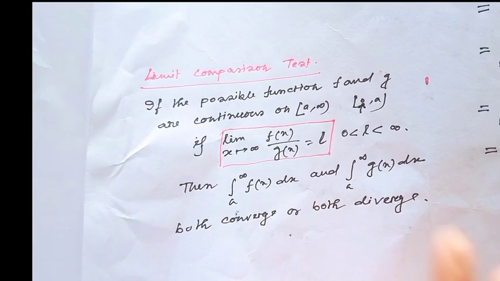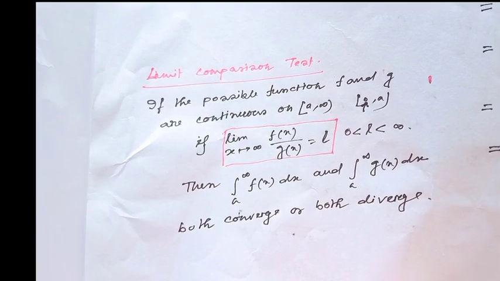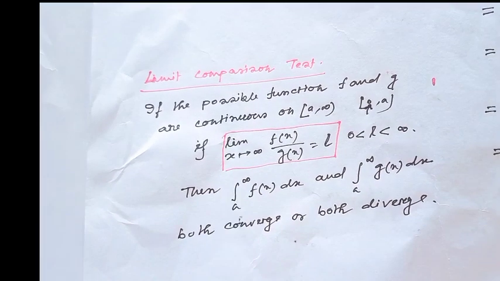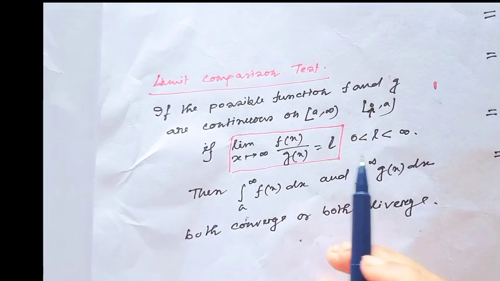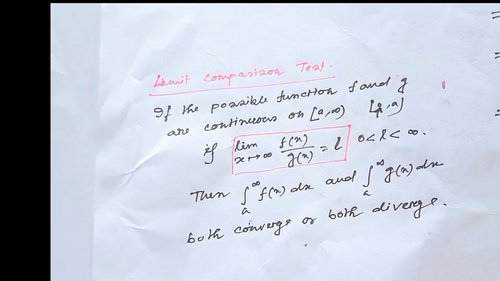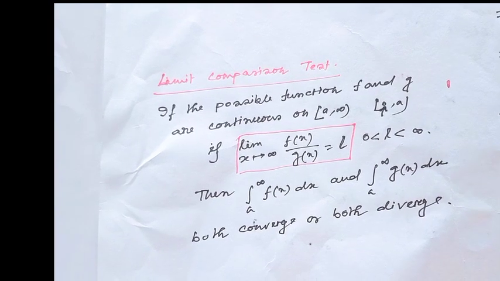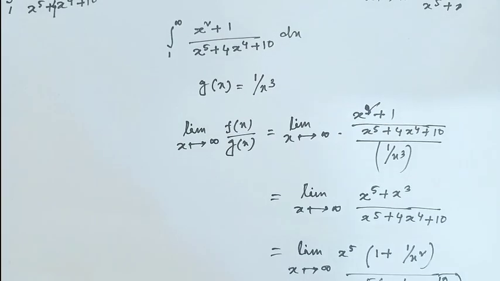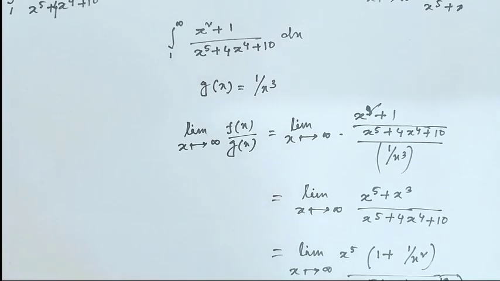That means at whichever point the function has a discontinuity, we have to find the limit at that point. I hope all my viewers have understood the limit comparison test easily. Now I will see one question of the limit comparison test.